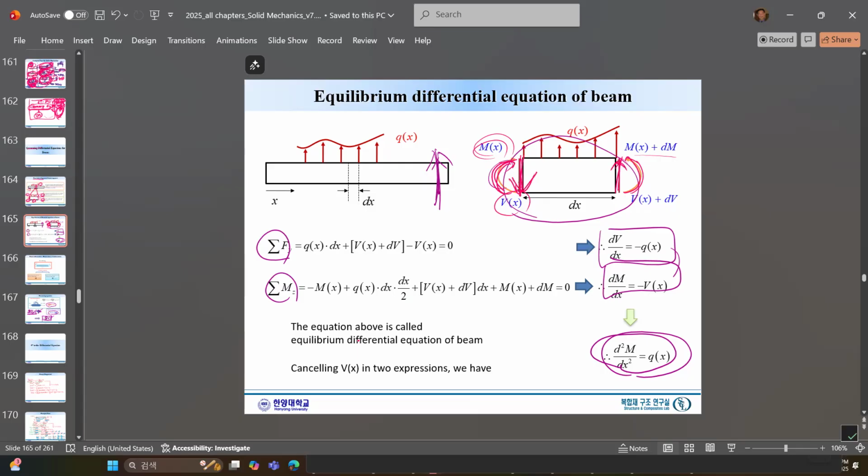The simple reason is that this guy, just a cross section, will be a reaction force like that.